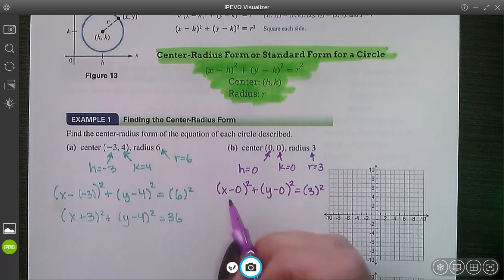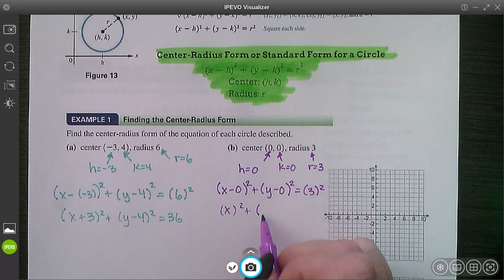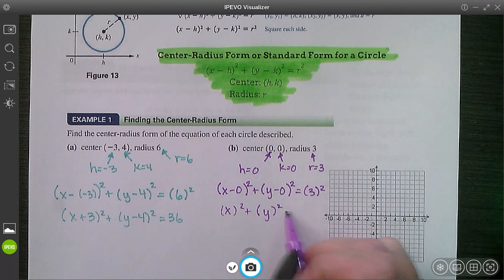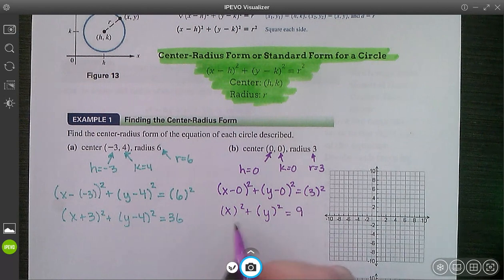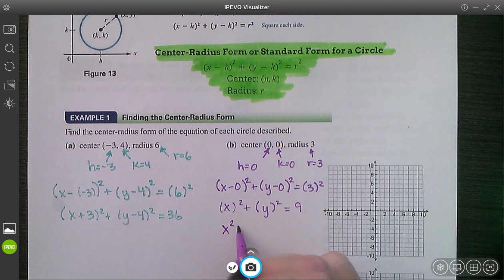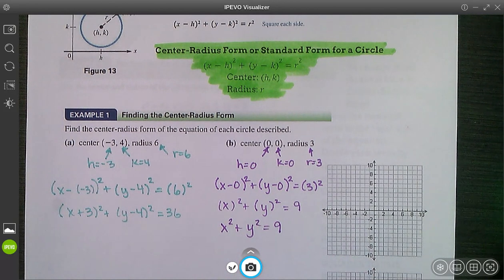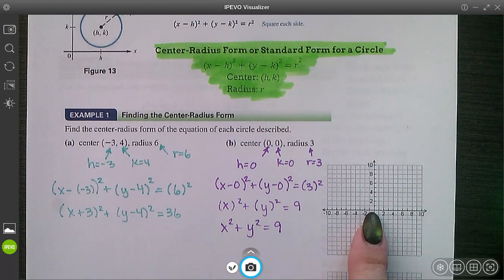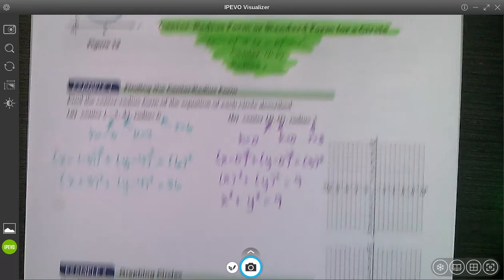Well, x minus 0 is just x, so I have x squared, y minus 0 is just y, plus y squared equals 9. And I don't really need those parentheses, so I'll have x squared plus y squared equals 9. And that's just a circle that has a center at (0, 0) and a radius of 3.